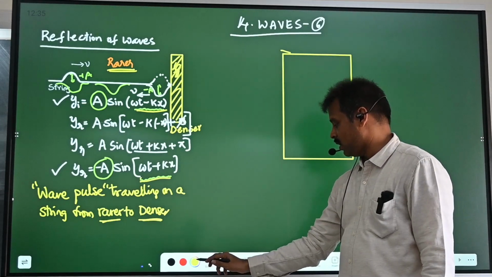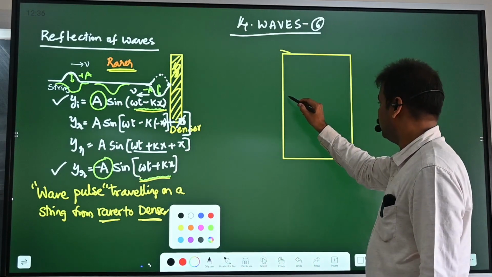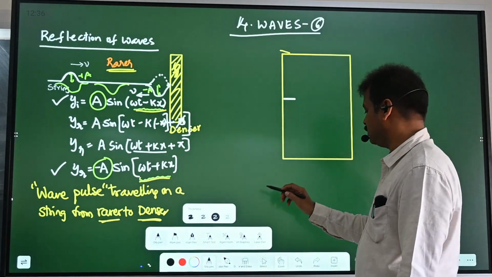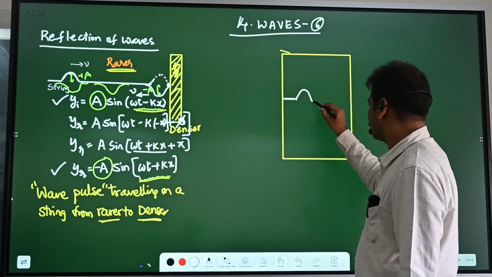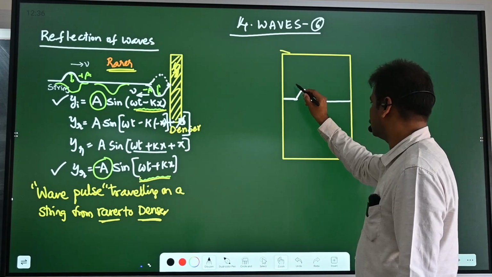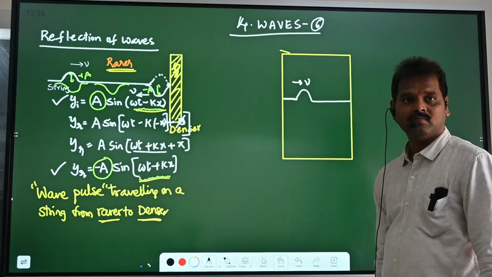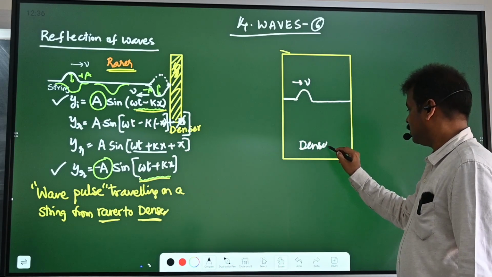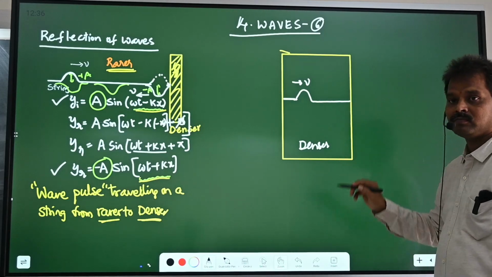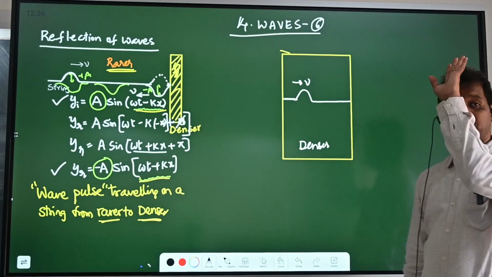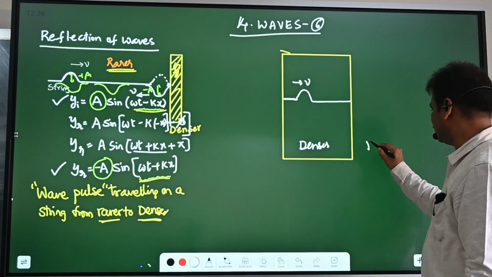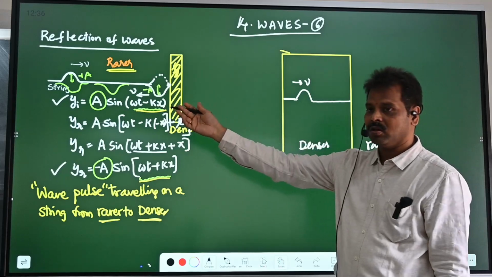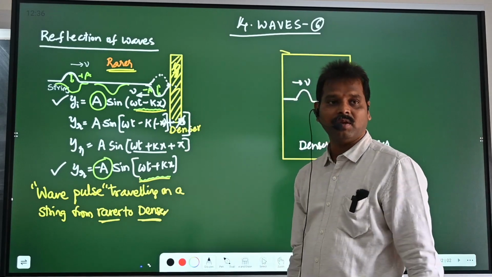And now I am showing the wave pulse. It is traveling with the velocity v. So this is a denser medium, and now it is traveling into the rarer medium. This is the rarer medium.